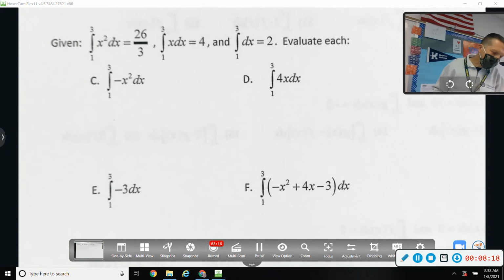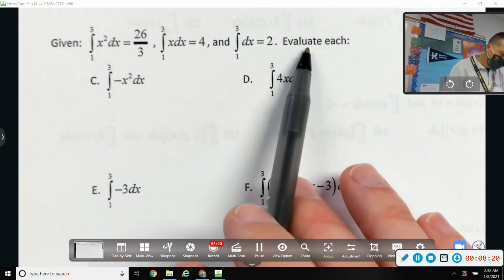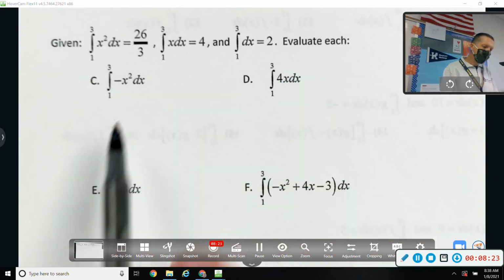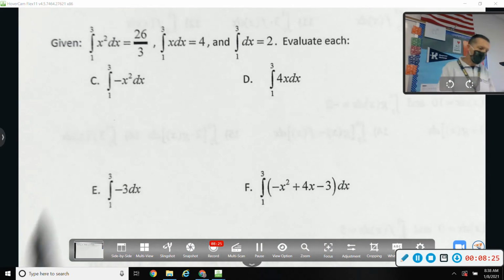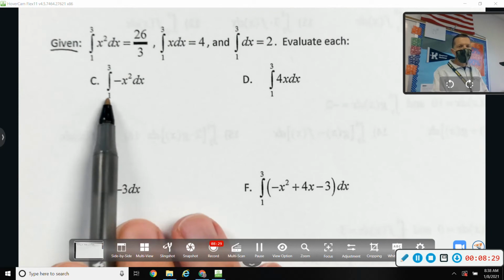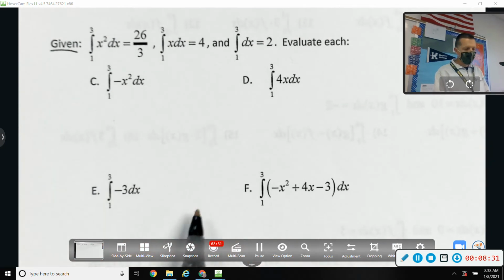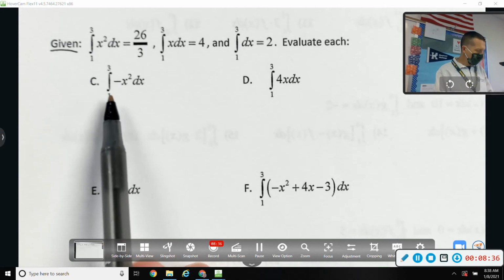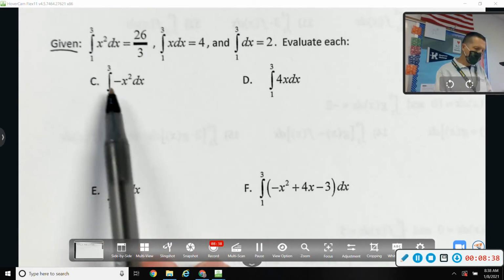All right, the stuff down here, it gives you a bunch and then asks you to use it. So make sure you recognize that there's some given information here, because we don't know yet how to evaluate these integrals without that information. So the integral from 1 to 3 of negative x squared.